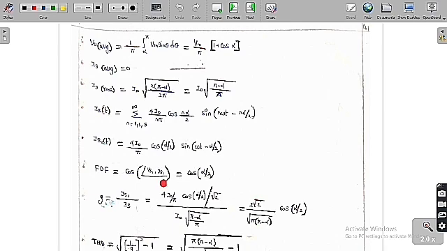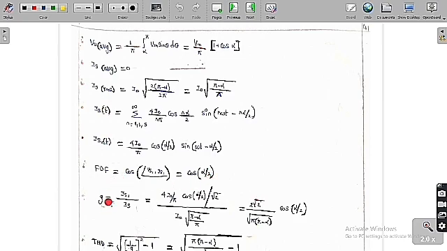Because of that, we get cos of alpha by 2. Vs is nothing but Vm sin omega t, whereas the fundamental component of the source current is this expression. So the angle between them is alpha by 2, and cos of alpha by 2 is called the fundamental displacement factor.